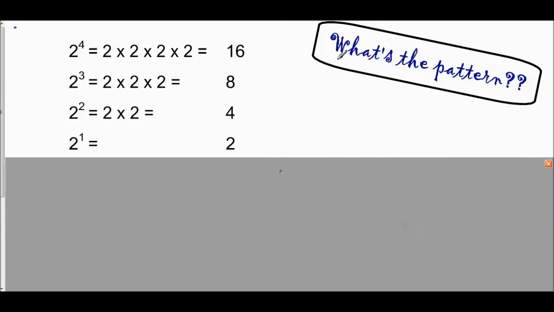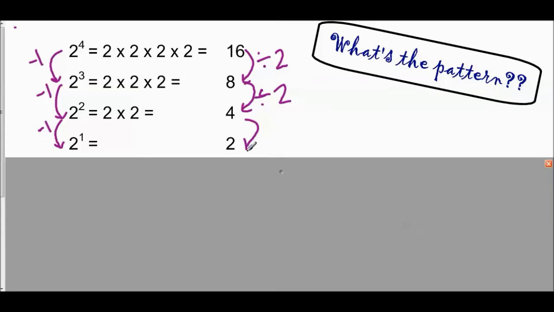And so what we're wondering here is, what is the pattern that you see going on? As your exponent is going down by 1, right? 4 minus 1 is 3, 3 minus 1 is 2, 2 minus 1 is 1. And as our exponents go down by 1, that power is being divided by 2. 8 divided by 2 is 4.